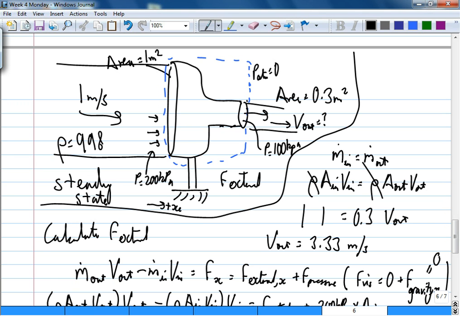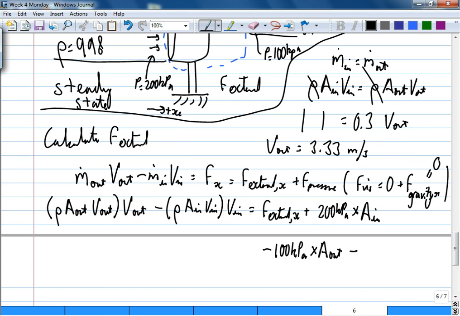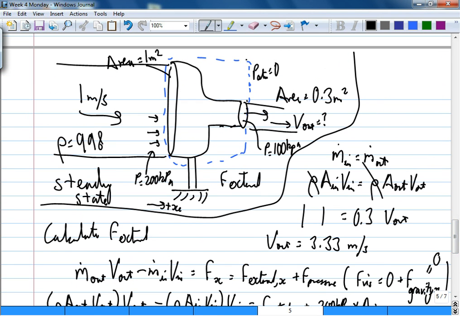Is that okay? So by right, there's also another term here, minus, in this case it's 0 kPa, so it makes no difference, but it will be A in minus A out. Why A in minus A out? Because this is the remaining area here.